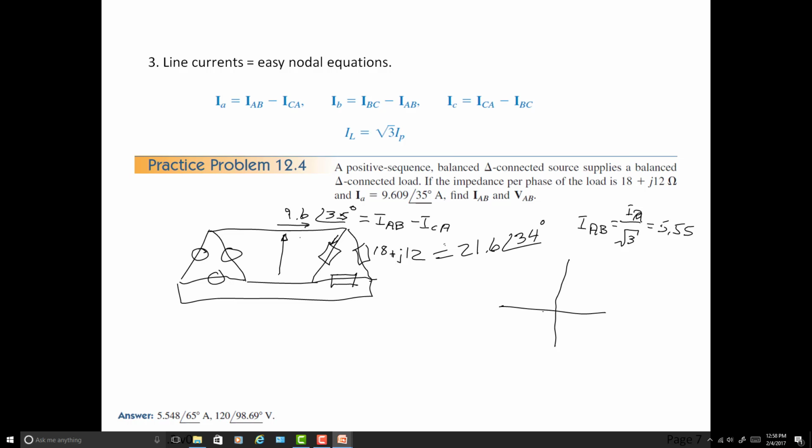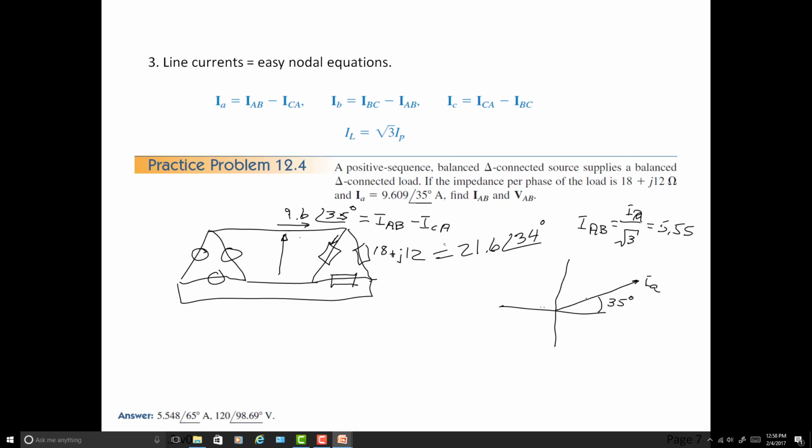Here we've got IAB up here at, what did they give us? Well, they said IA was at 35 degrees. So here was a given, IA, and this is 35 degrees.